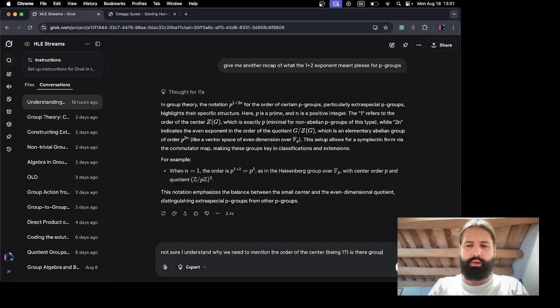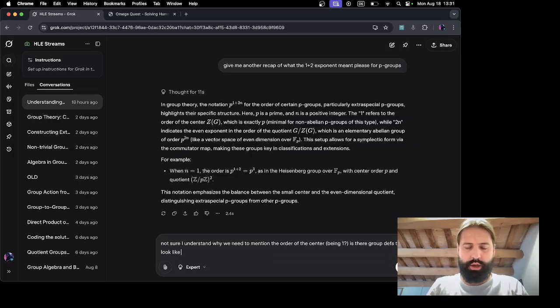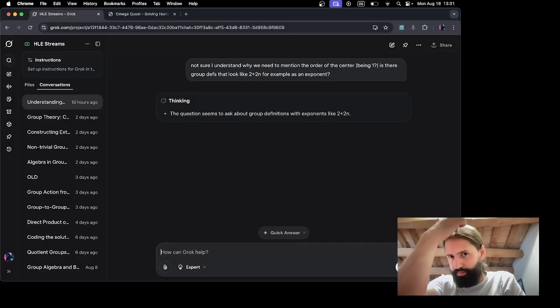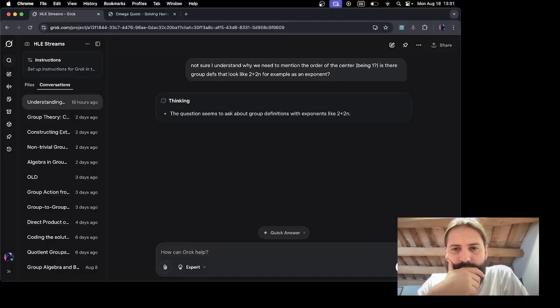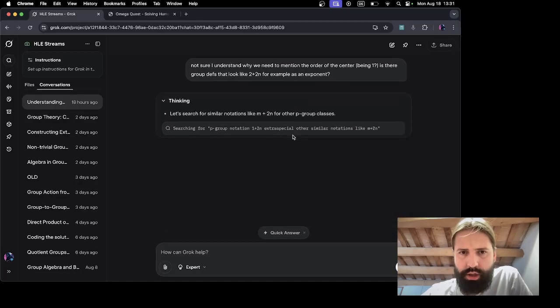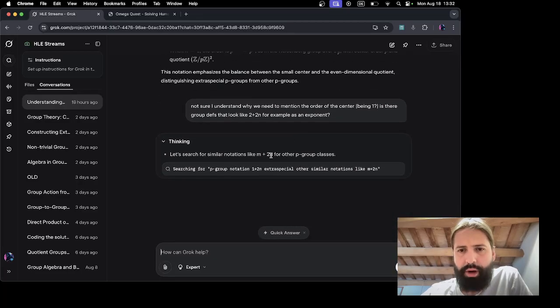Are there group definitions that look like 2 plus 2n, for example, as an exponent? Like, is it just the 1 always there? You know what I mean? Like, the 1 refers to the order of the center. Yeah, 1 plus 2n, that's maybe a better way.